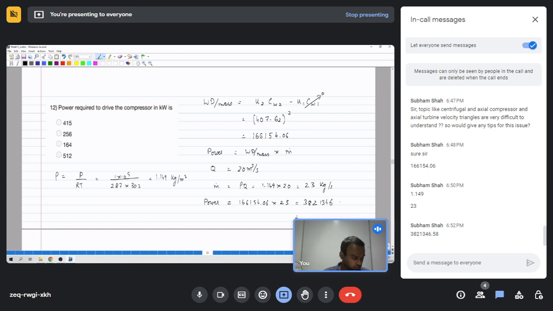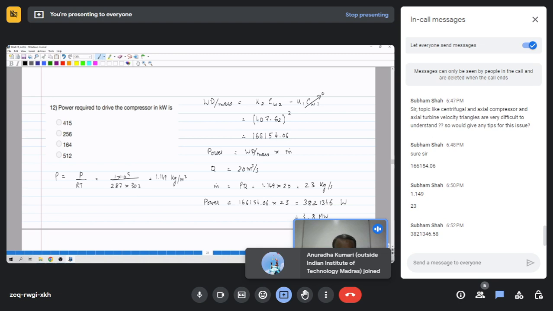So this comes to be 3.8. But there is no option for this here.